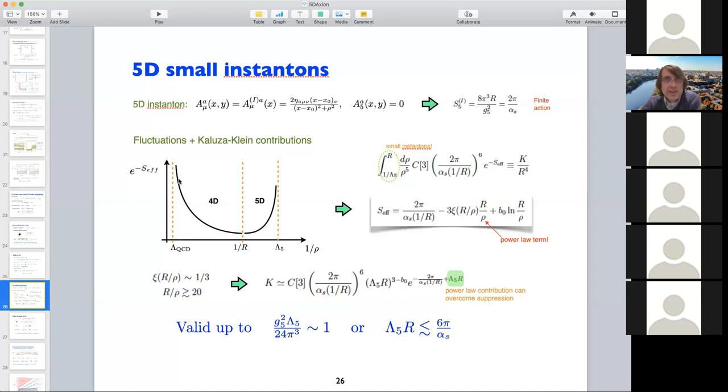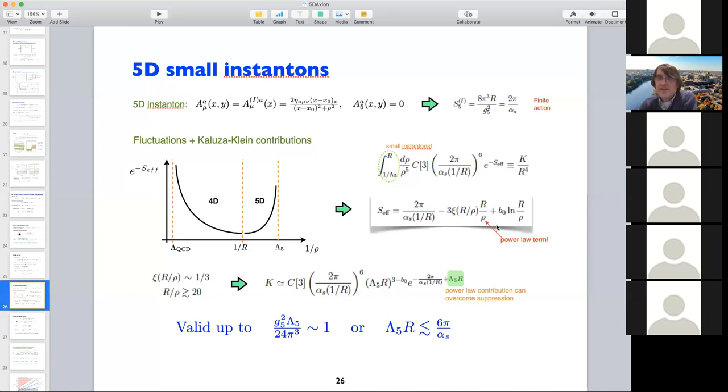So the usual 4D QCD story is that this exponential contribution just dies off exponentially. But if you imagine that in the UV, at some intermediate scale, there's an extra dimension, then you can alter the gauge coupling, alpha S, and then this exponential can actually rise again. The effect of this exponential can rise, and you can get a new contribution. So you can take the model and calculate this contribution.